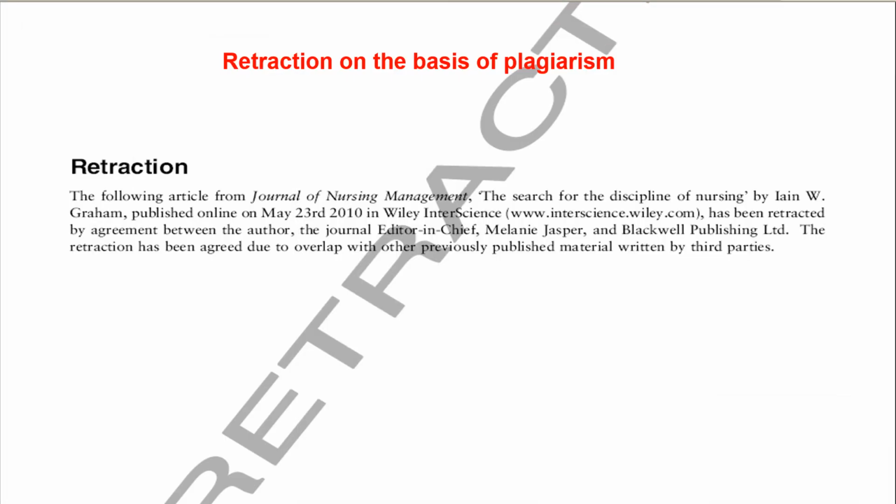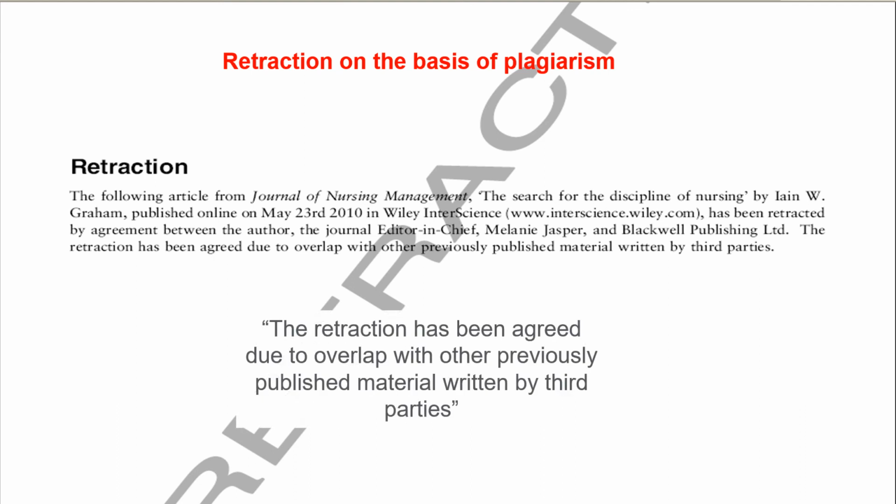Sometimes we have to retract papers, and this is a retraction on the basis of plagiarism, and the active words here are that the retraction has been agreed due to overlap with other previously published material written by third parties. Please note that if your article is retracted, it doesn't disappear from the journal or from the internet.